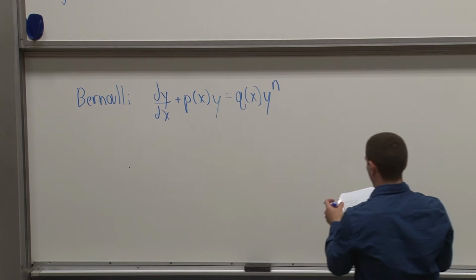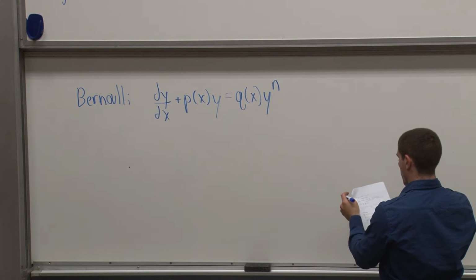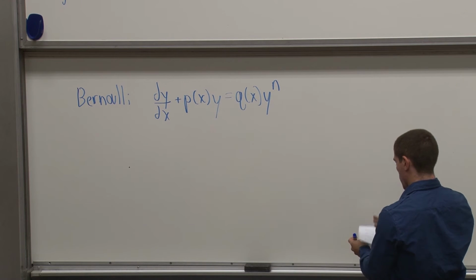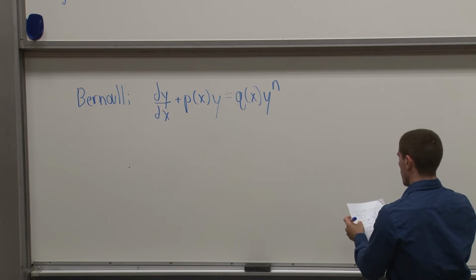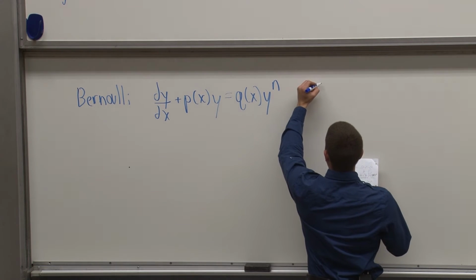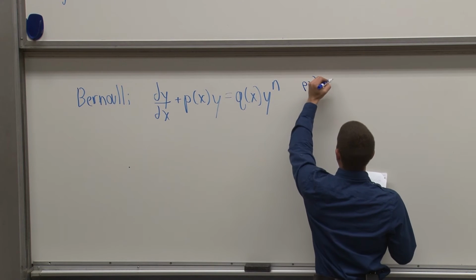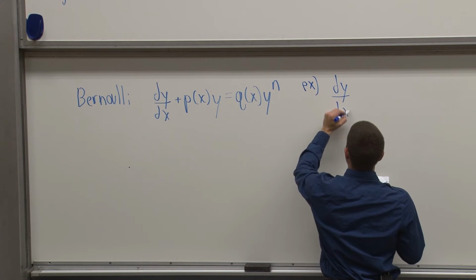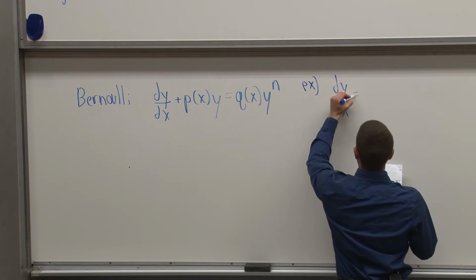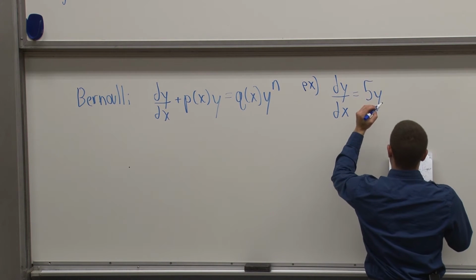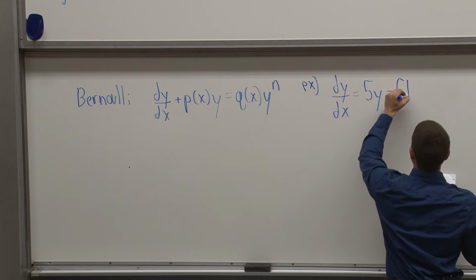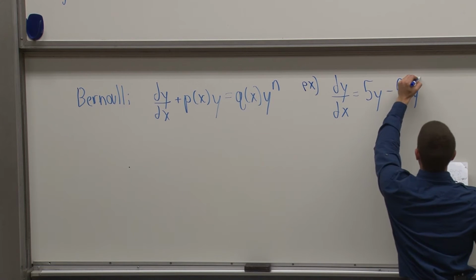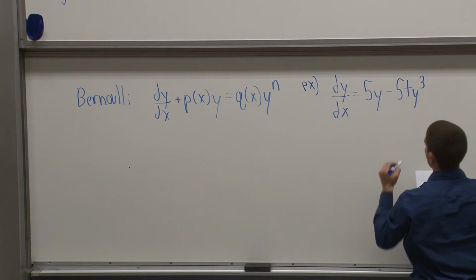I'm just going to go through with an example. All right, so what do we got? We have the example dy/dx equals 5y minus 5t y cubed, and that's it.